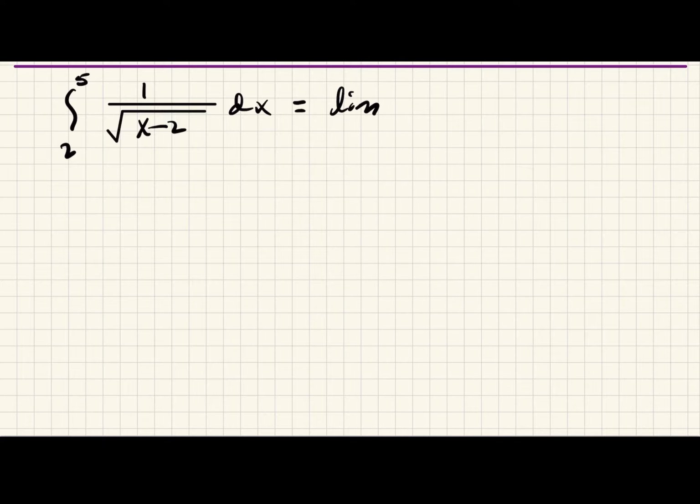I think we're going to do the limit as t goes to 2 from the right, aren't we? That would put us between 2 and 5. If we go to 2 from the right, integral t to 5, 1 over square root x minus 2 dx. Now, you see how we're applying what we just looked at here.